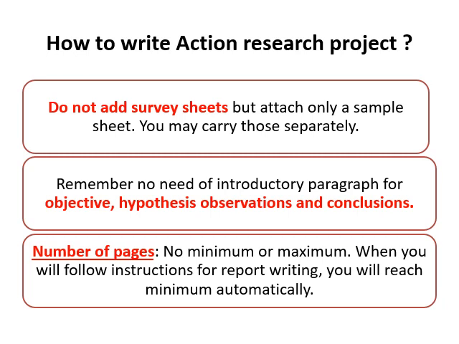Another question many times students ask is how many pages are required for a standard action research project. Actually, there is no minimum or maximum limit, but if you follow all the steps we have given you, you will reach 20 to 25 pages minimum.